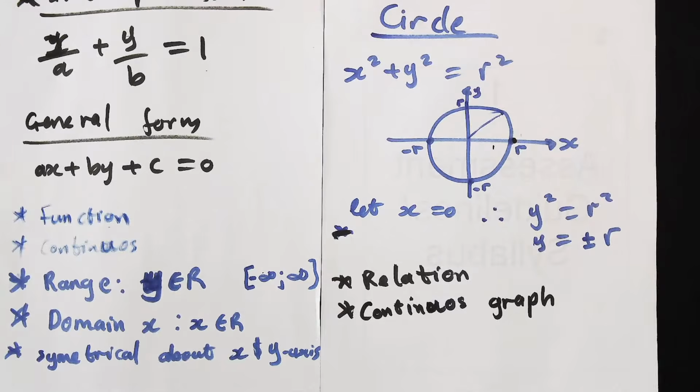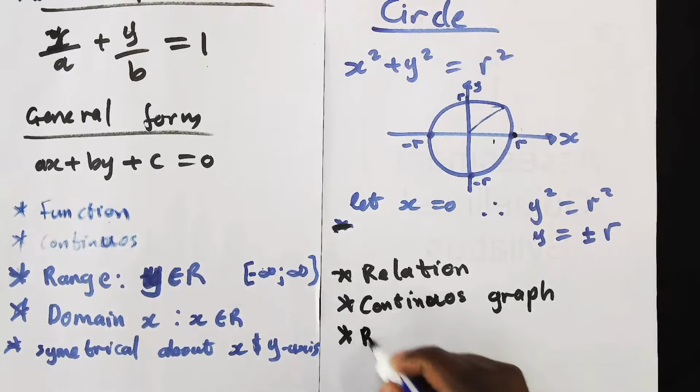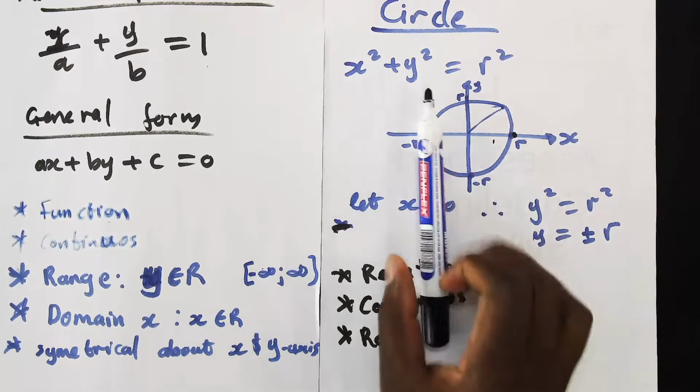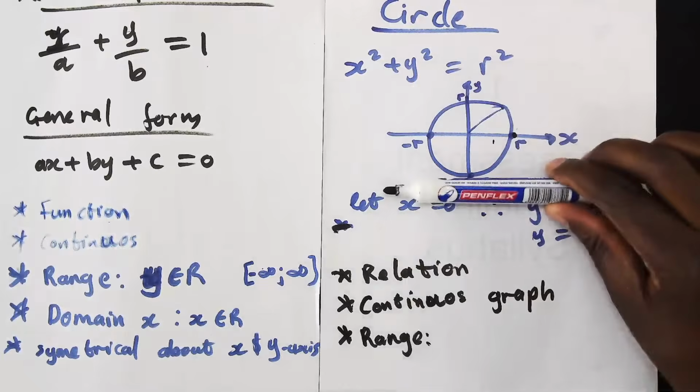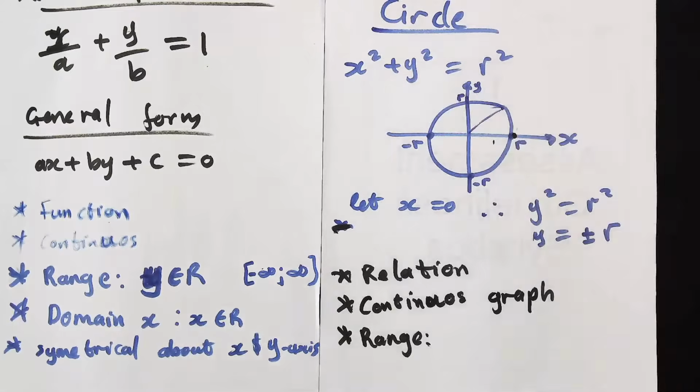The other question we have to answer is the range. For this graph, the range is between negative r and positive r. Those are the y values for the graph.